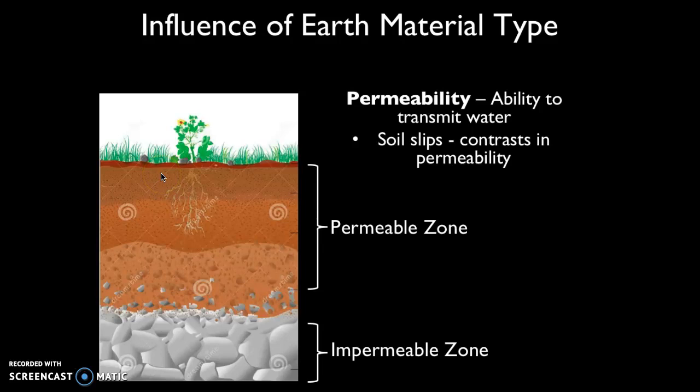And so the water is going to move down through all of this material, and once it hits this boundary between the regolith and the bedrock, the water can no longer move. It cannot go from the permeable zone into the impermeable zone because it just cannot flow through it. Many times how permeable something is affects very greatly the moisture content of it, right?